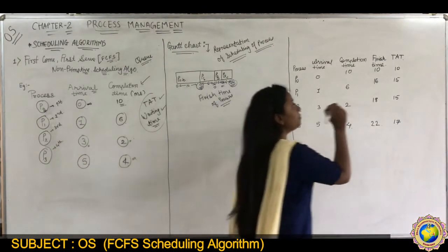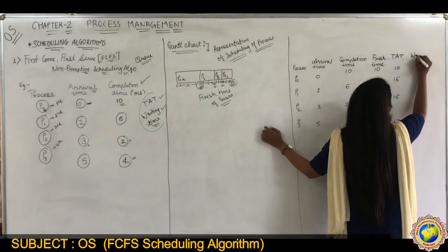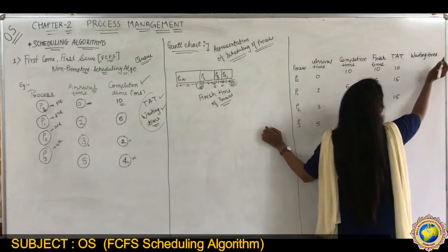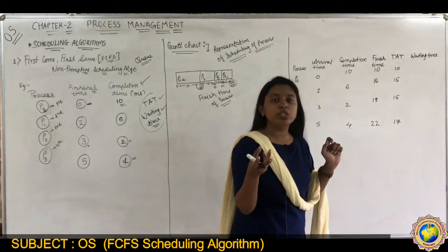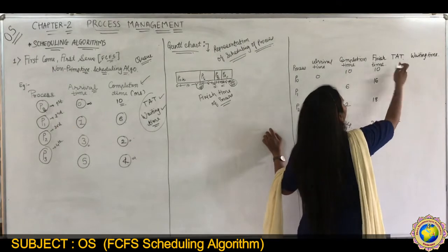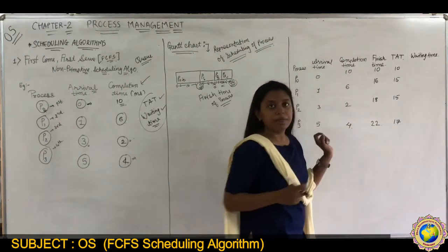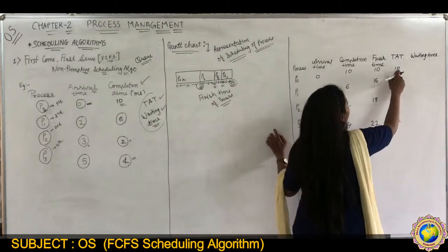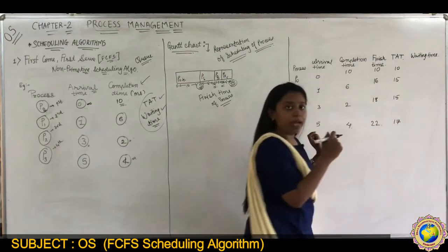Now what about the waiting time? We have the formula for waiting time also: waiting time is turnaround time minus completion time.